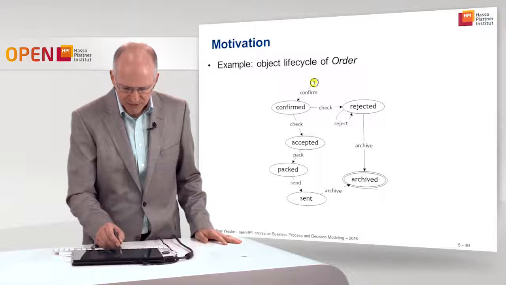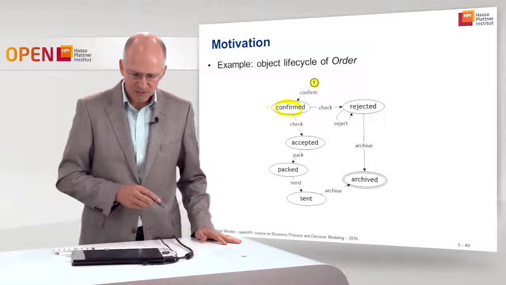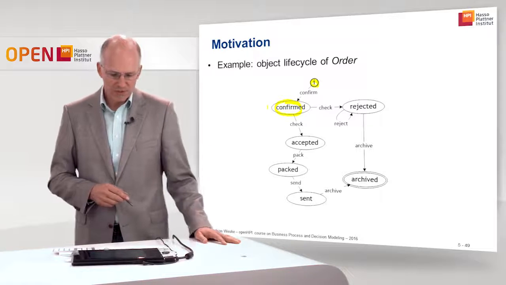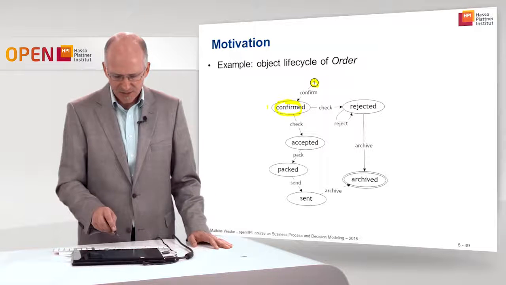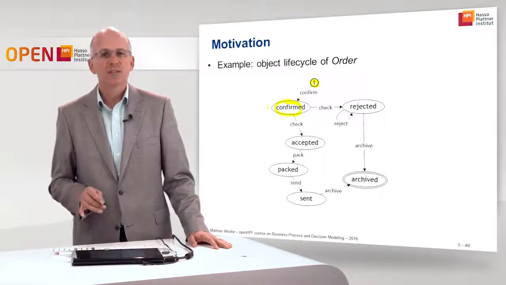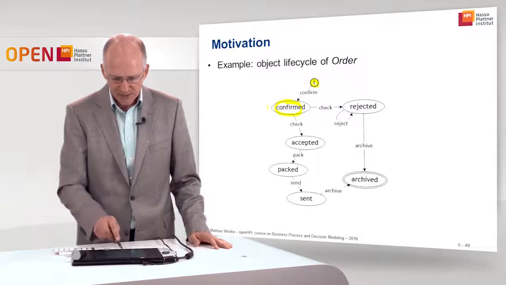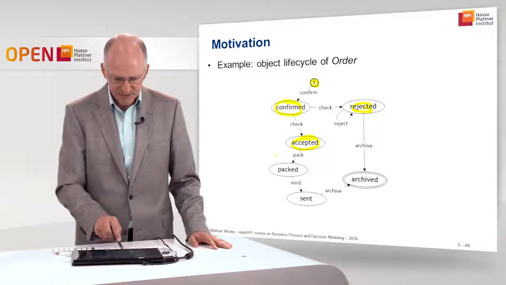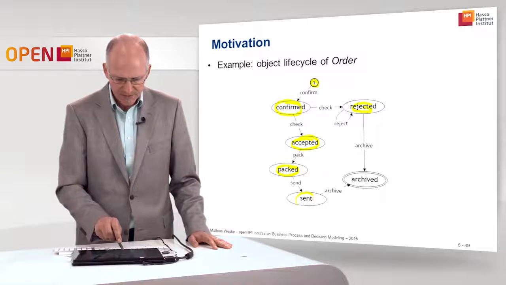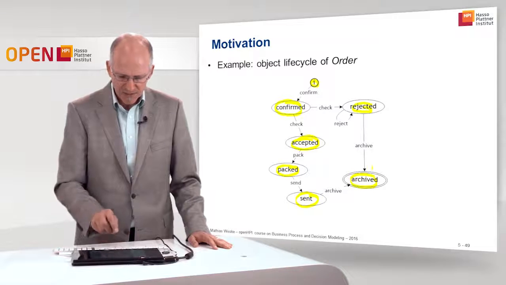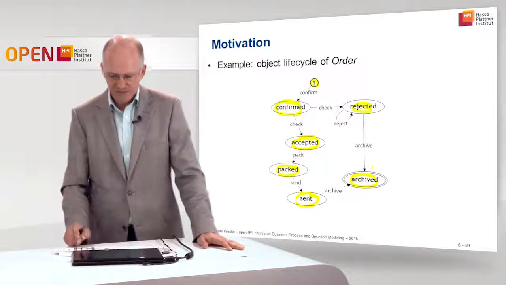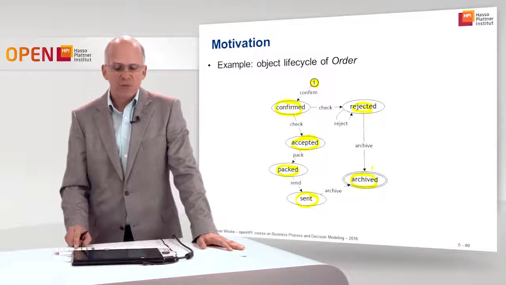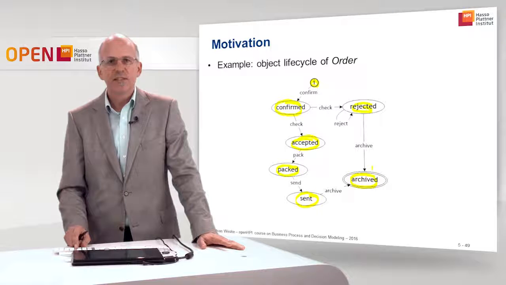First there's an initial state, then by the confirmed transition the data object goes to the confirmed state. Then there is a check activity, and two check transitions are there. So after the check, either the order is rejected or accepted. If it is accepted, it can be packed and sent and archived. And if it is rejected, it is immediately archived. So that's the representation of the behavior of the data object order.